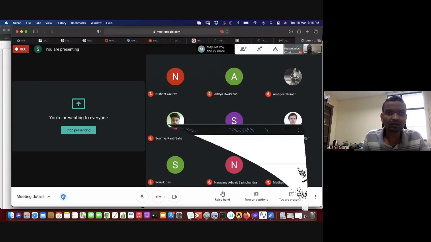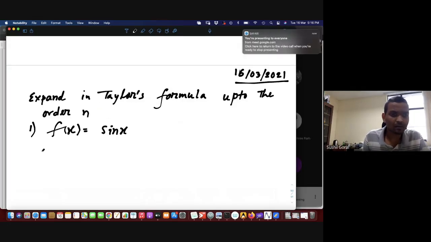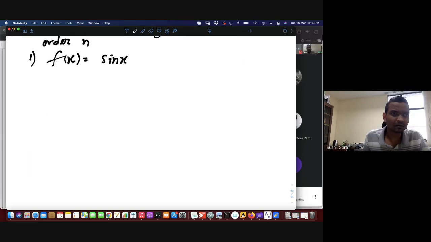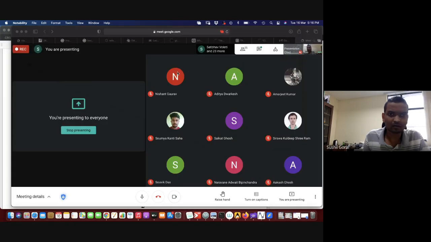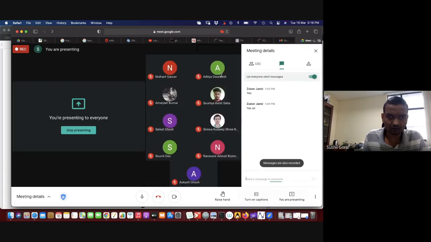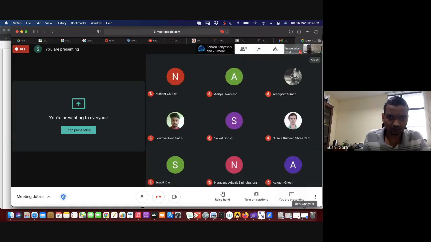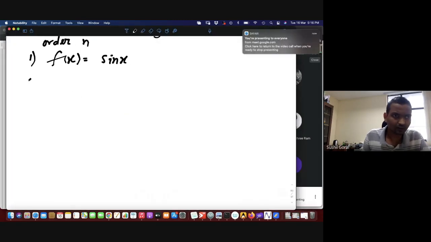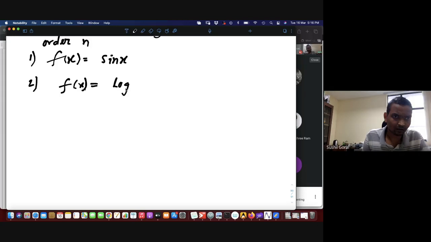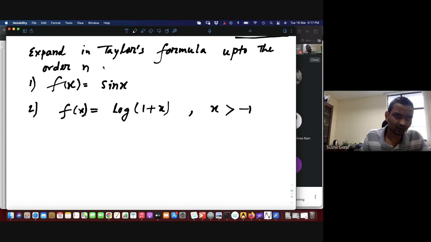This is irritating. Two: f of x is log of 1 plus x, x greater than minus 1, at the origin.